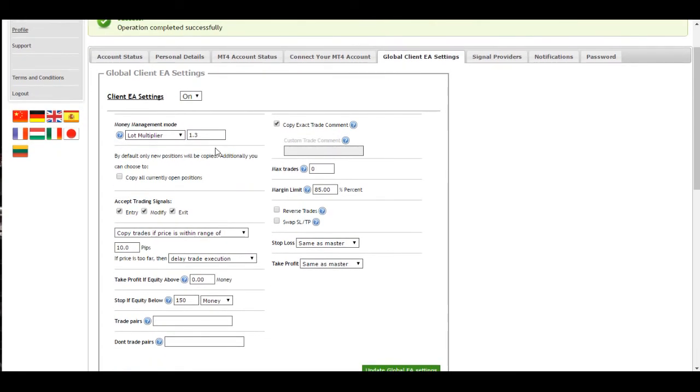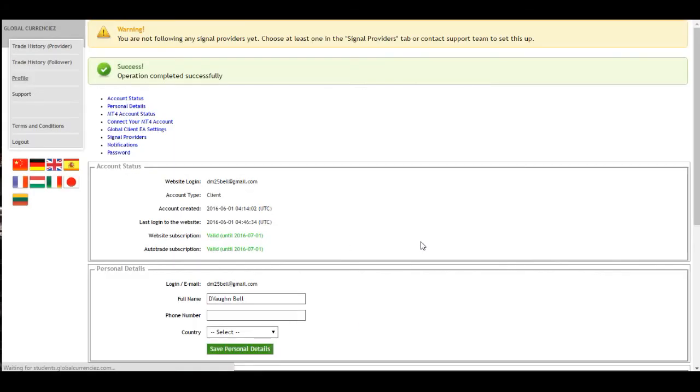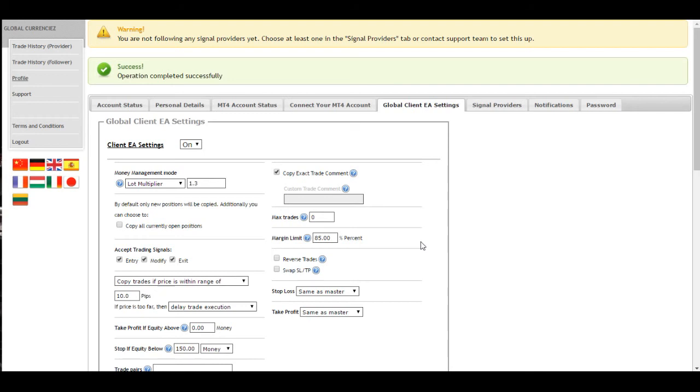If your account is smaller than the actual auto trading account, then definitely look at the history of the trades that have been placed before you make an informed decision. But this is just in general, to give you a better understanding of how the system works.